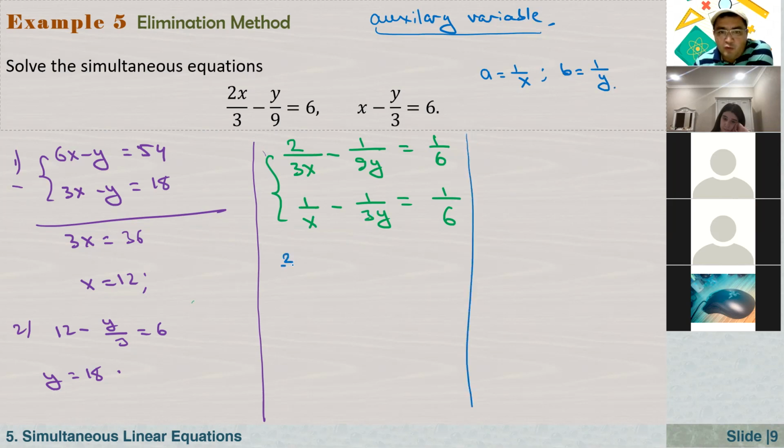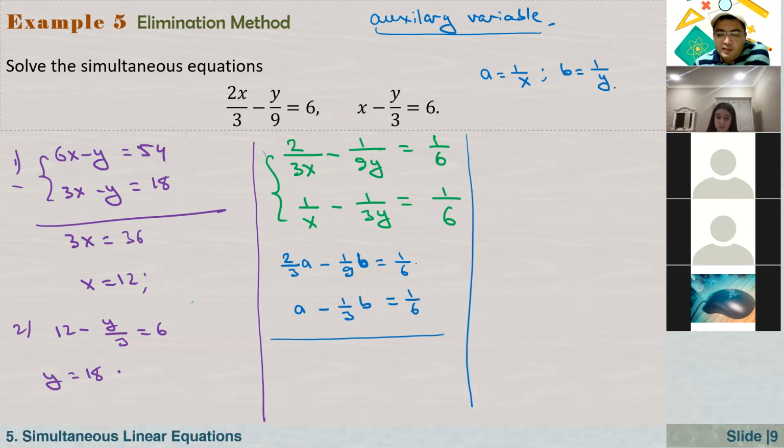Here we have 2/3 a minus 1/9 b equals 1/6. And the second one, 1/x is a, so we have a minus 1/3 b, and on the right hand side again we have 6. Now if I multiply both sides, the denominators are 9 and 6, and the least common multiple of 9 and 6 is 18.